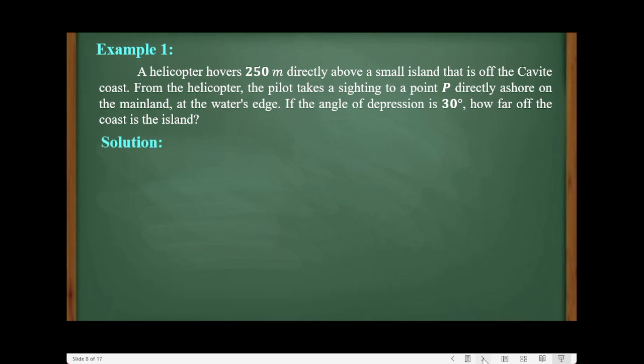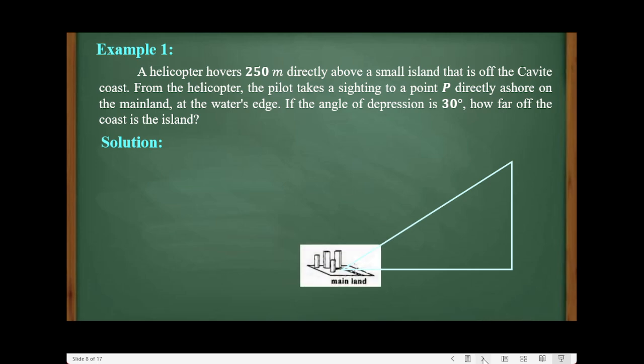Now, for our solution, let us analyze the problem. Okay, so we simply draw a right triangle. Now, in one vertex, this is where the mainland being mentioned from the problem, and on the other vertex, having the other acute angle, this is where the helicopter is located.